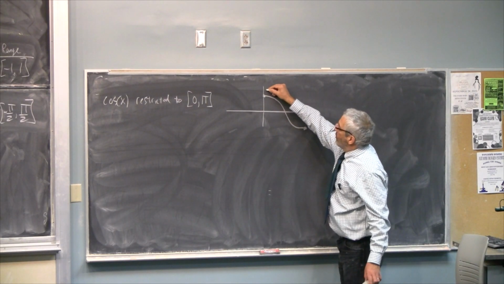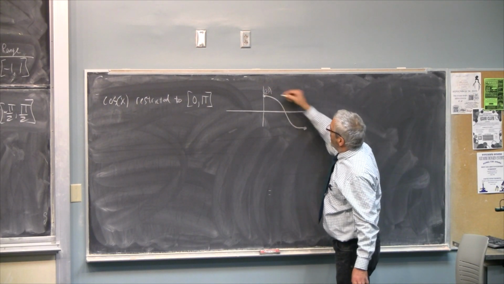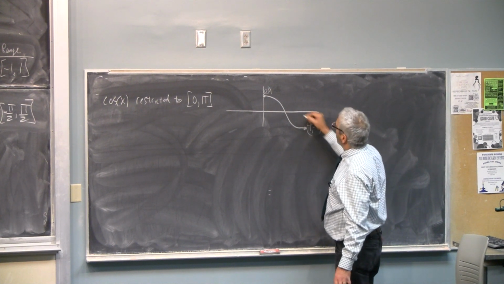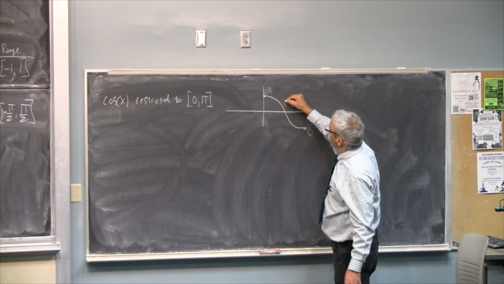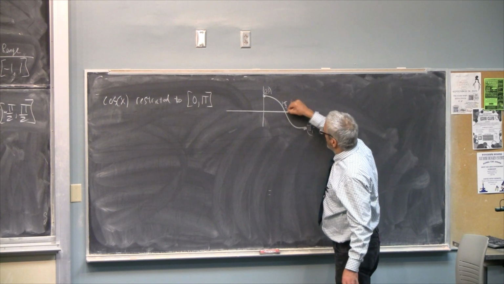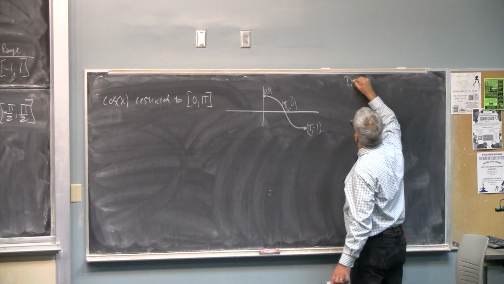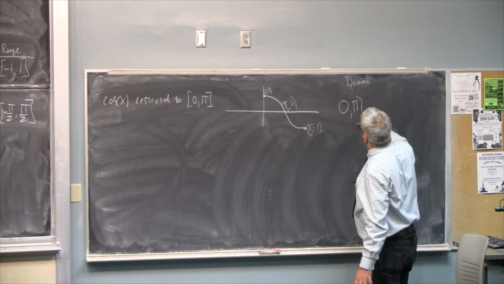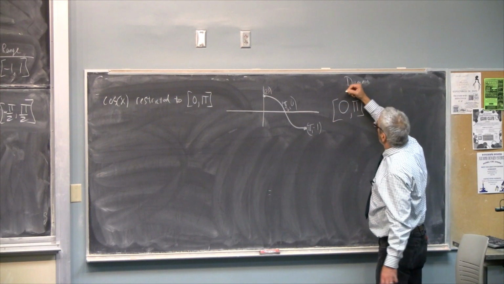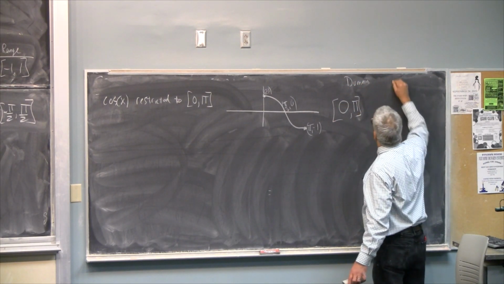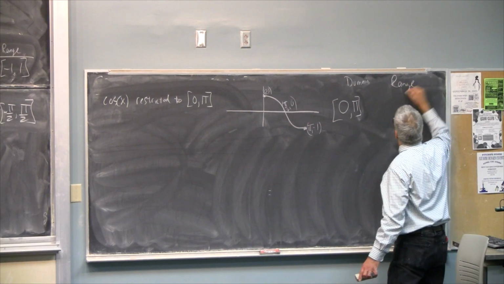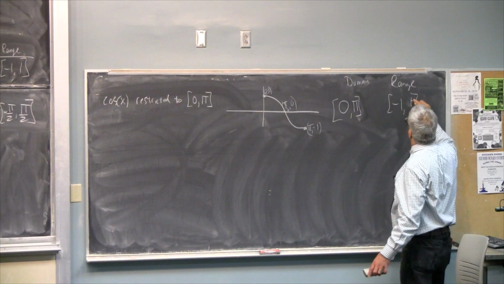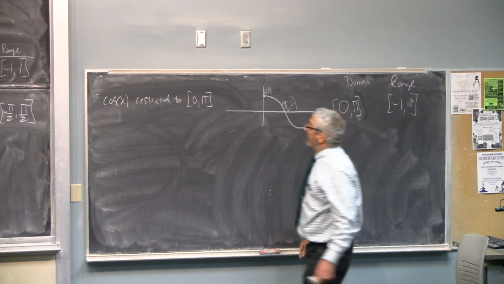It goes through 0, 1. It goes through pi, negative 1. It goes through pi over 2, 0. Its domain is from 0 to pi with the endpoints. Its range is from negative 1 to 1 with its endpoints.